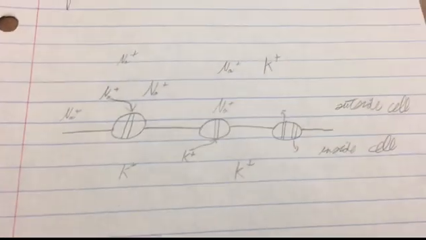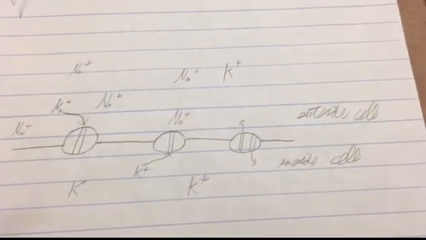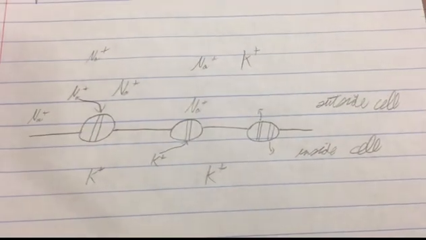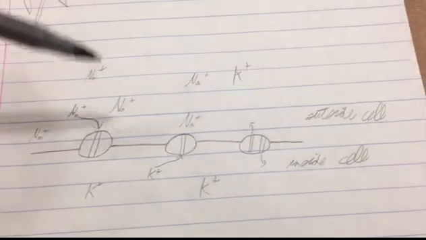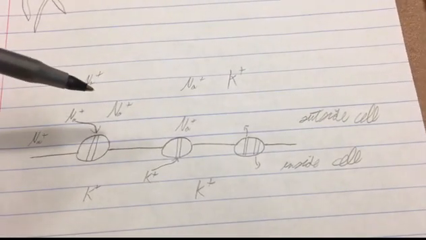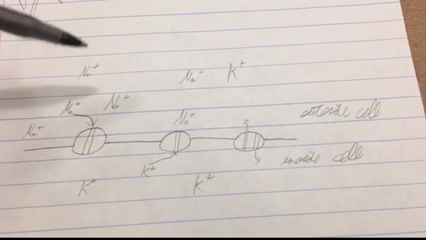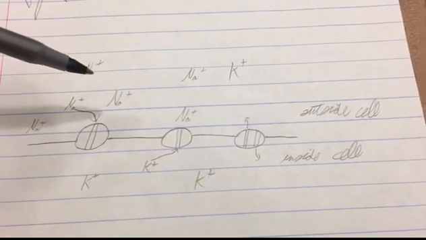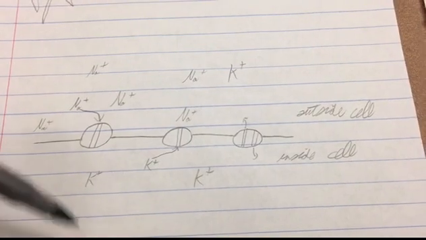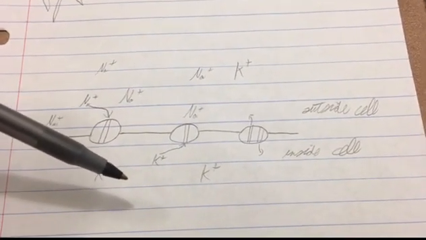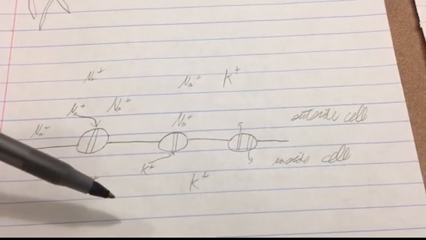So this is one side of an axon membrane. As you can see, we have a lot more sodium ions on this side of the membrane, and thus a lot more positive charge. And then you have more potassium ions on this side of the membrane, though there's less overall positive charge.